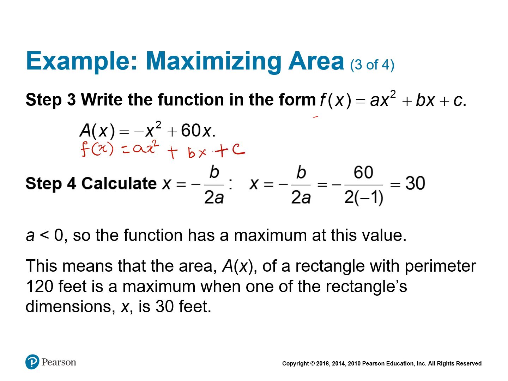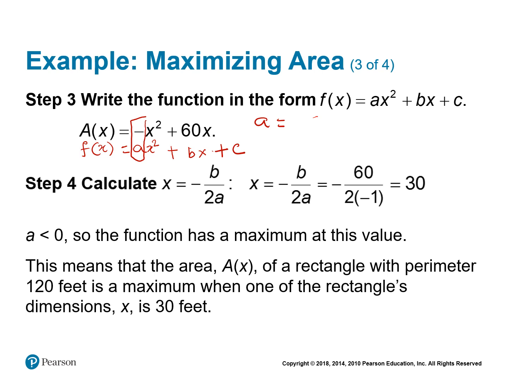So now we can identify our a, b, and c. So what is a? A is going to be -1, correct? A is whatever the coefficient of the first term is. We don't see a visible number, we see the negative sign.